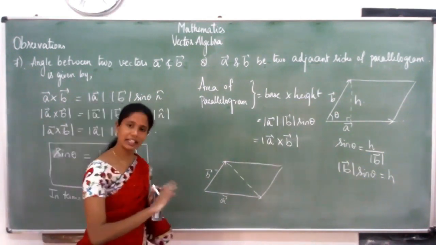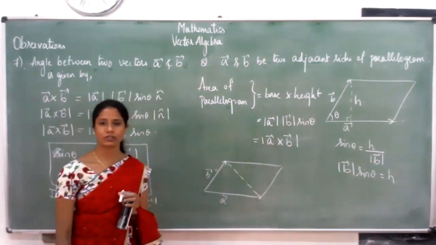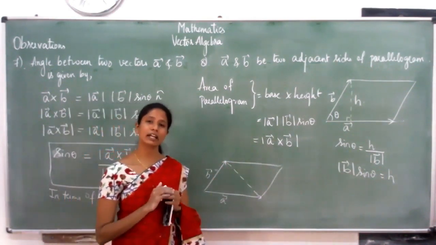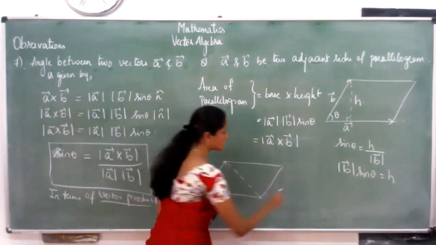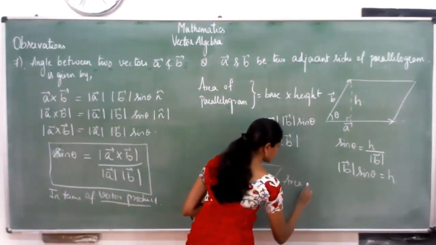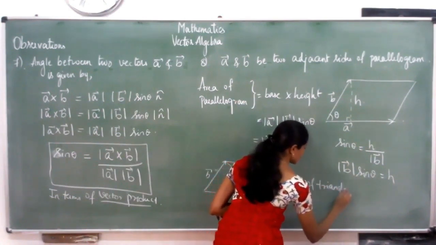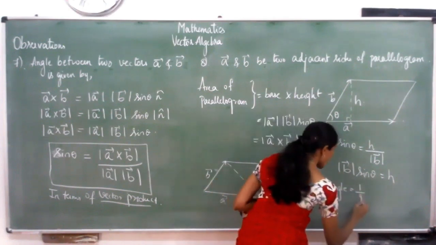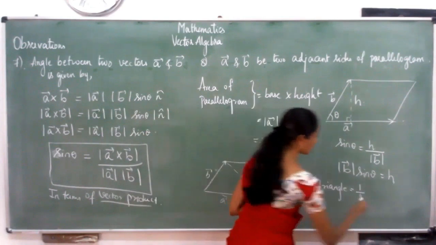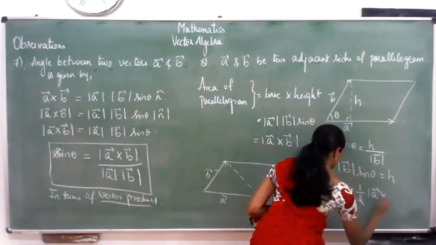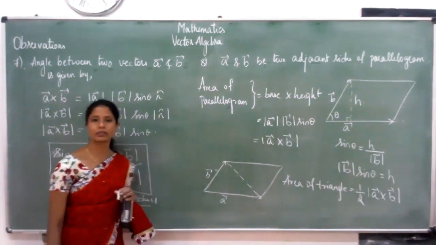If the entire area of the parallelogram is magnitude of A cross B, the area of the triangle is nothing but half of this. So area of triangle is equal to half of the area of the parallelogram, which is magnitude of vector A cross vector B.